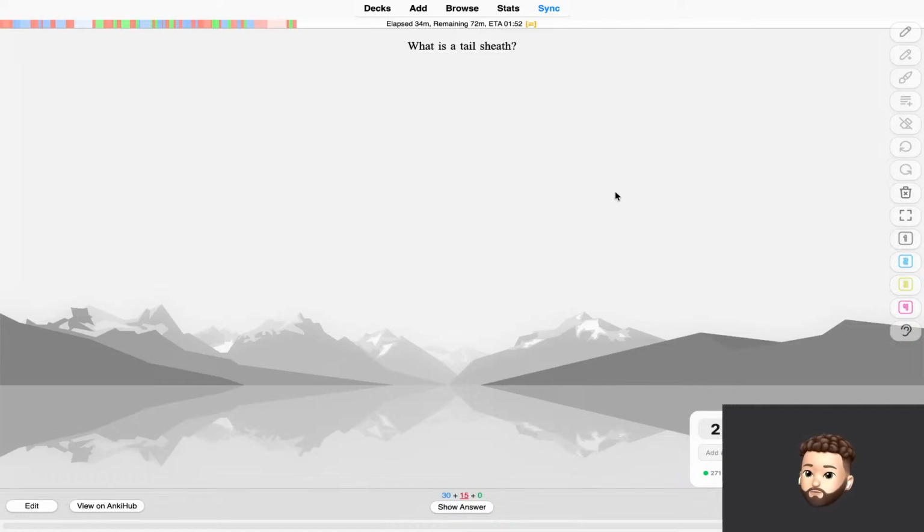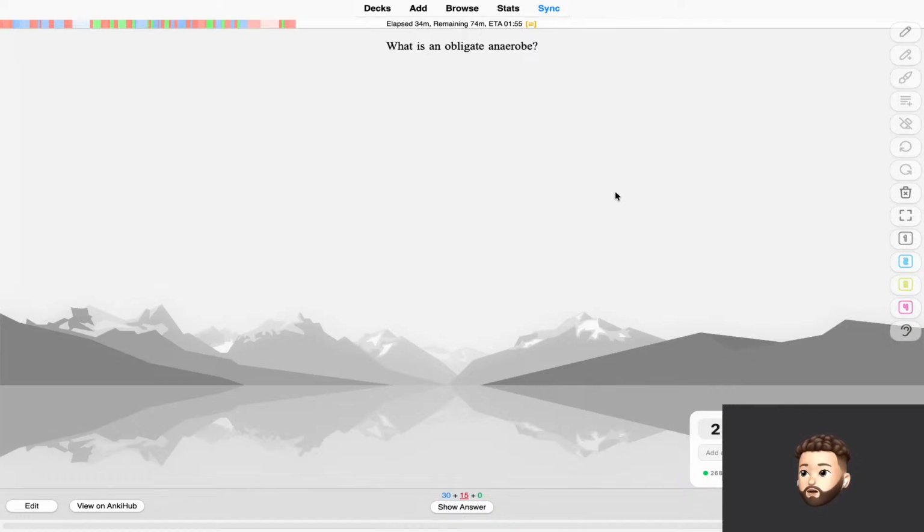What is a tail sheath? It is the long thin part of a bacteriophage that can act as a syringe in order to inject genetic material.